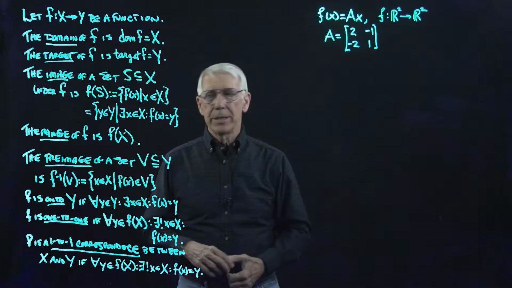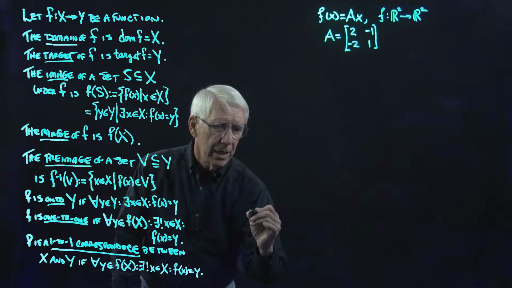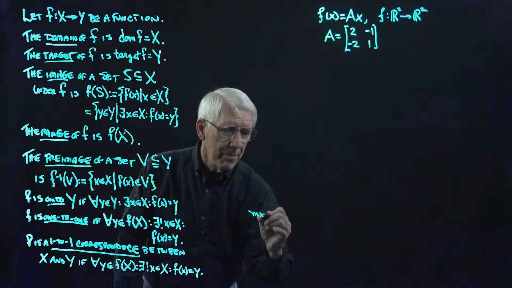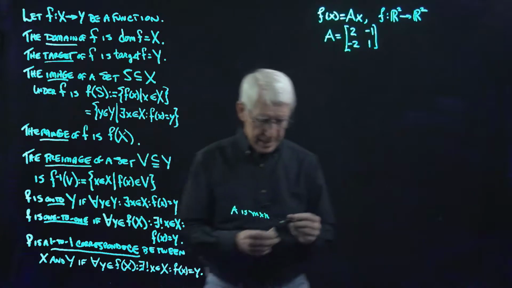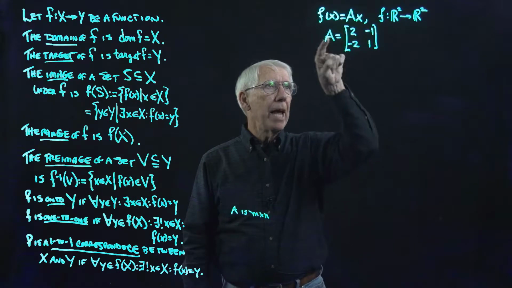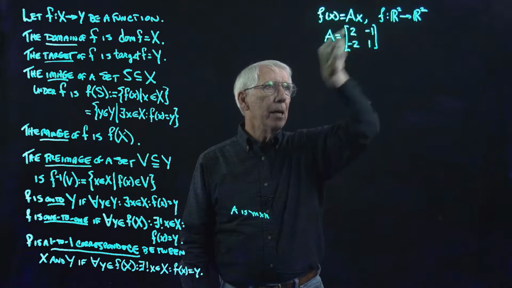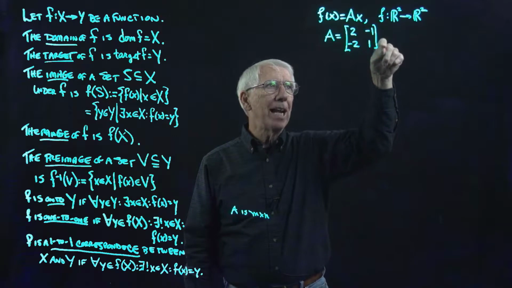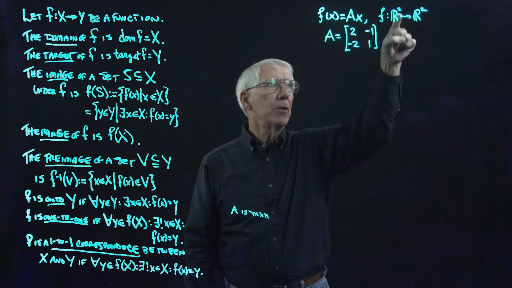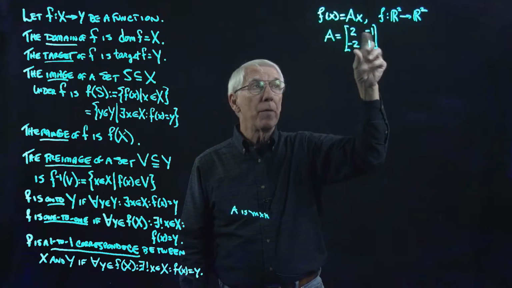And by the way, as another aside, let's suppose that A was m by n. So if A was an m by n matrix, m rows by n columns, then it would be multiplying vectors that have n components, and the result would be a vector with m components.